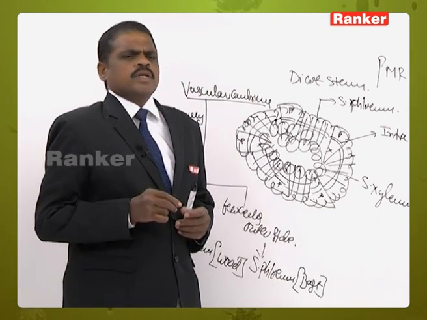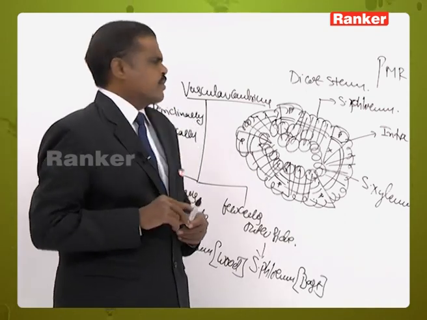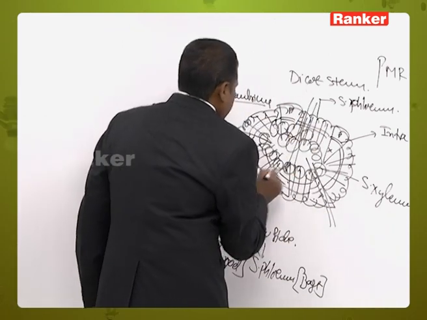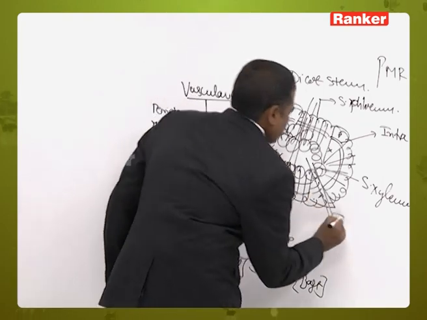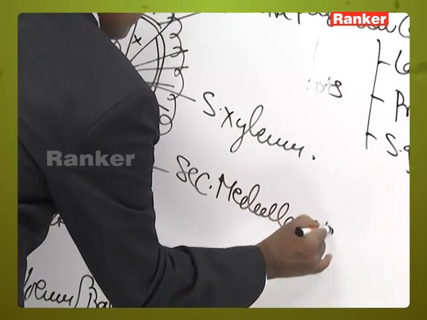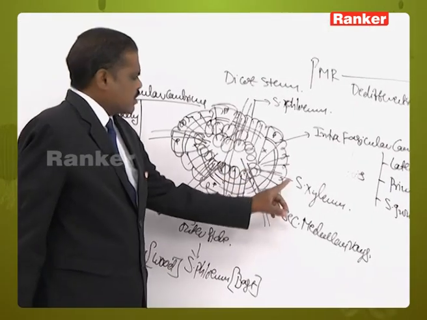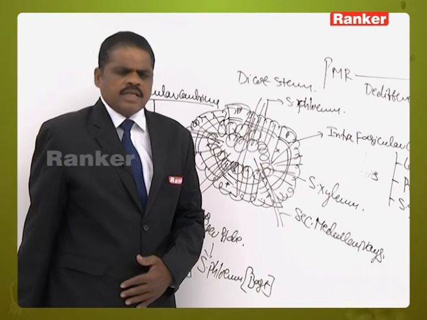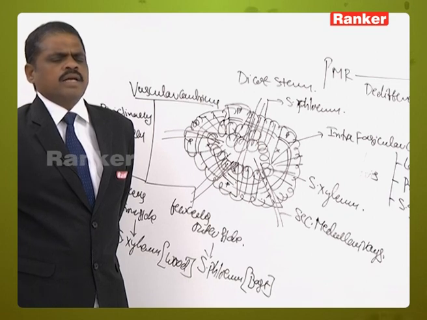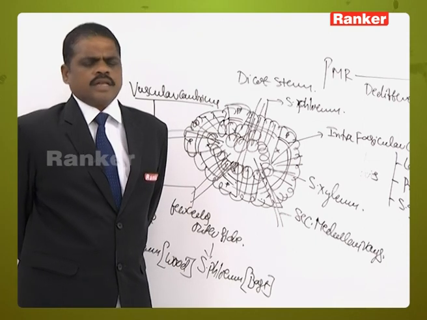Vascular cambium not only produces secondary xylem and secondary phloem, it also produces secondary medullary rays, which are meant for lateral conduction in secondary body.